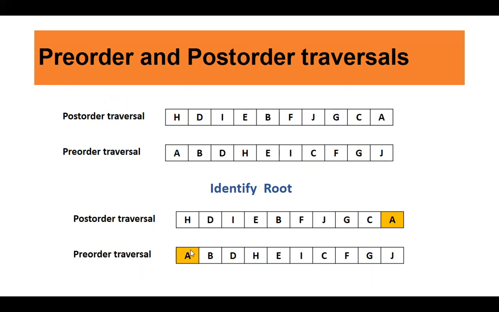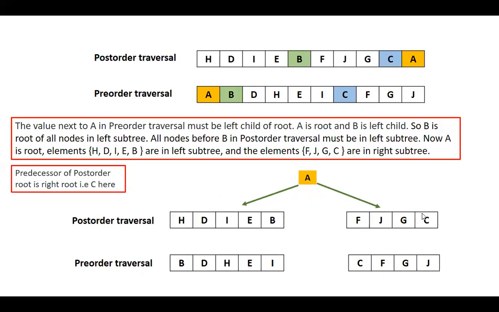So it is difficult now to find the left subtree elements of A and the right subtree elements of A. So here what we do is we find the pre-order successor of A, that is B. The pre-order successor of A is always the left child of A. So anything starting from B till the first element, all are left subtree elements of A.